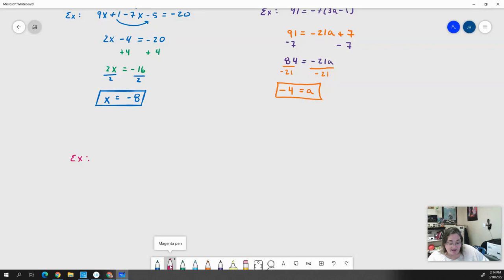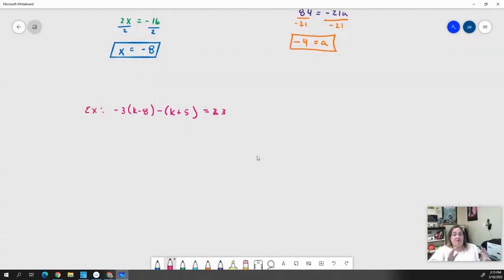So if I have, let's get really crazy, negative 3 times k minus 8 minus k plus 5 equals 23. When I look at this problem, I see multiple steps, but we're going to do it a little at a time. Again, we're going to start with our distribution.